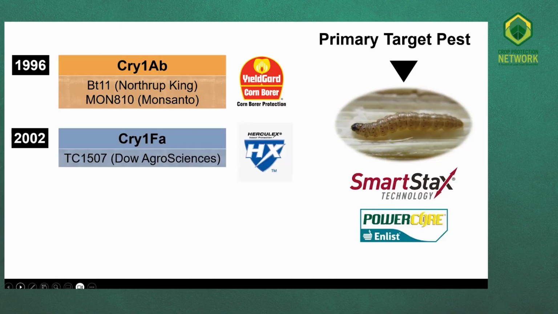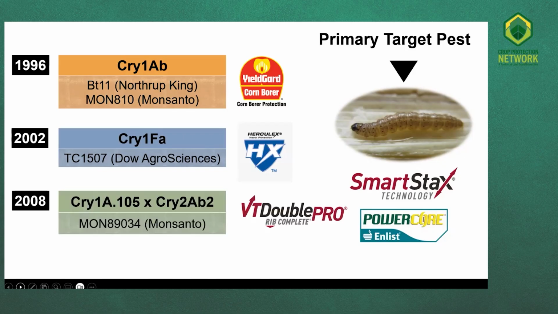And over time, we've had additional Bt proteins developed for corn borer, such as Cry1F from Dow AgroSciences that came out around 2002. And in 2008, another couple of proteins, Cry1A.105 and Cry2Ab2, which have been pyramided together by Monsanto, are the traits in VT Double PRO hybrids.